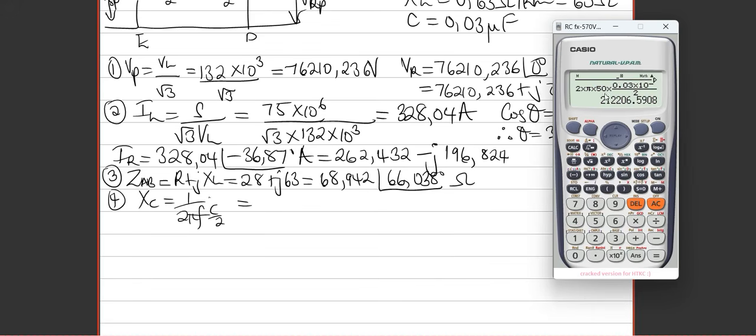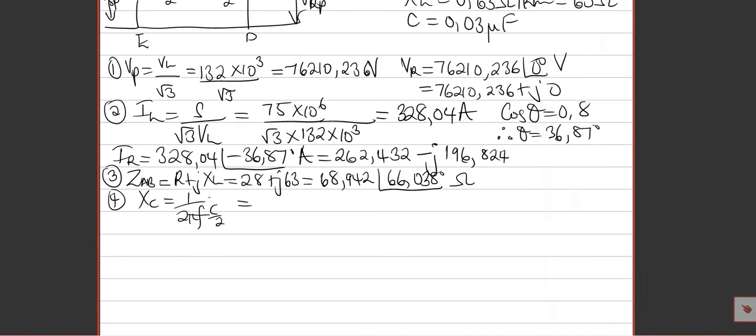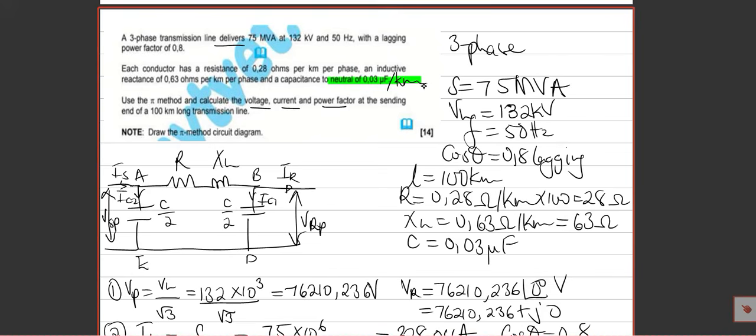So as soon as you come across such values for a capacitor, because of this thing they didn't do, just multiply your capacitor by 100. Consider that the capacitor is per kilometer times 100.